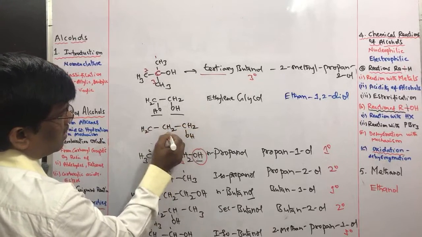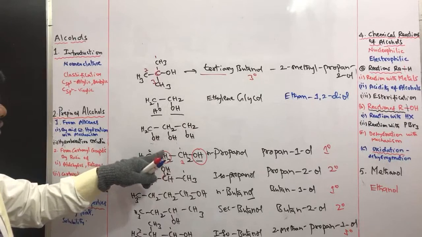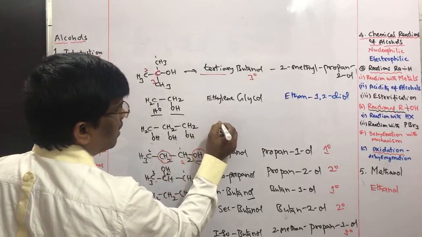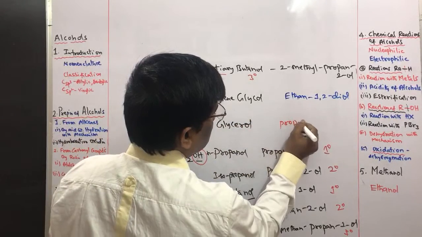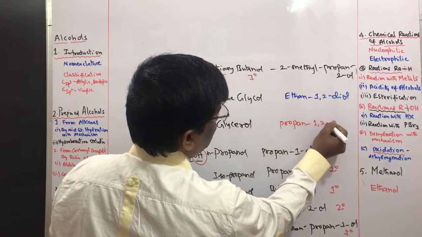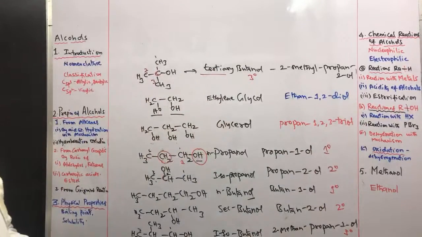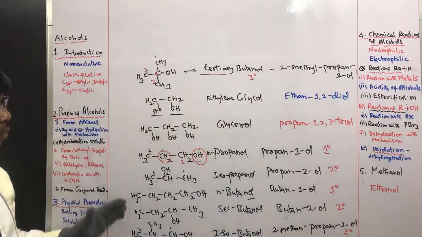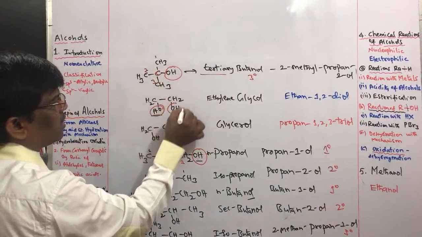Even you can get a triol. What is this? Glycerol. The common name is glycerol, and it is propane-1,2,3-triol. Yes, students. So all these compounds have hydroxy groups.